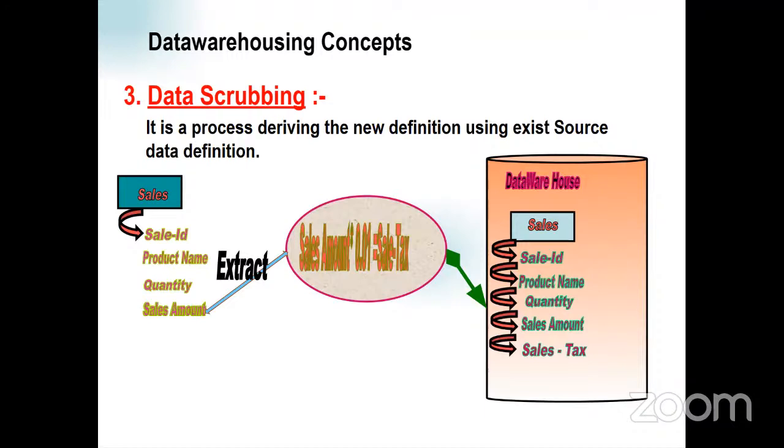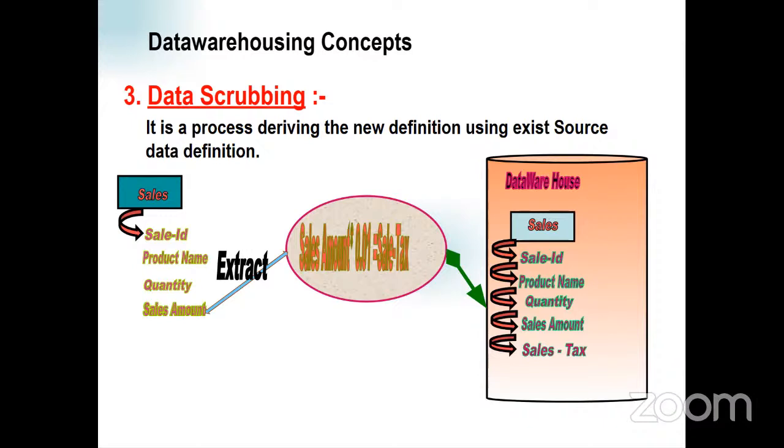You can observe next time, there will be GST: state GST and central GST, CGST and SGST. This sales tax amount will be product wise. For example, a flat 5%, based on the product category, 5% is the GST.